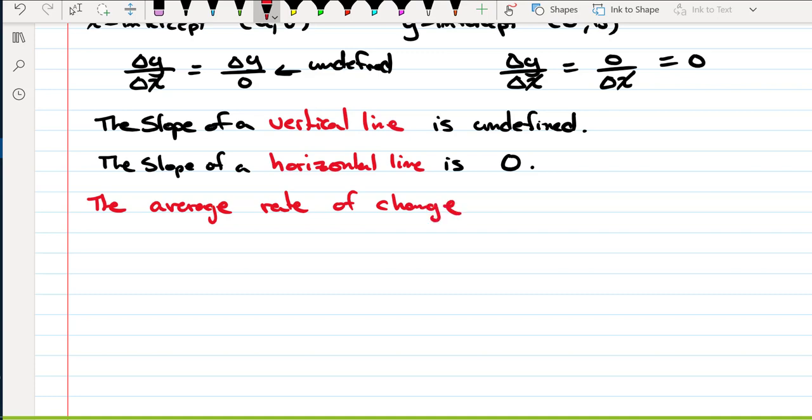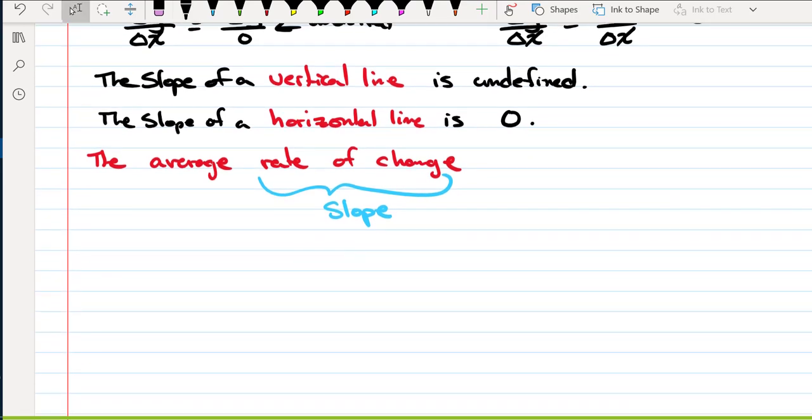So rate of change is a slope, but now we want to talk about an average rate of change. So we'll draw a picture to help motivate this.